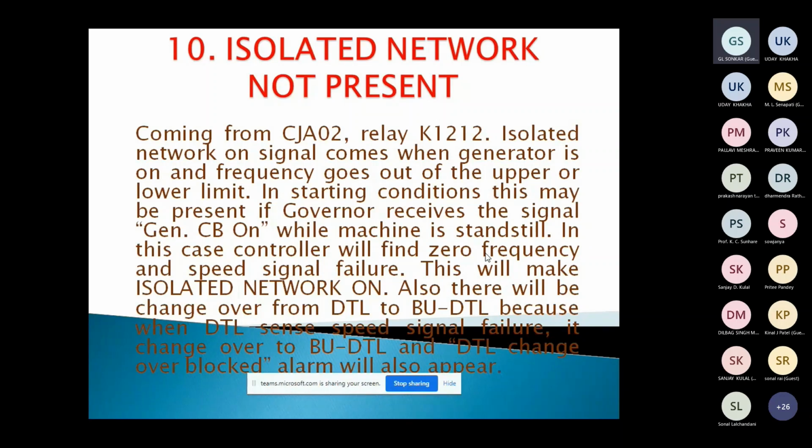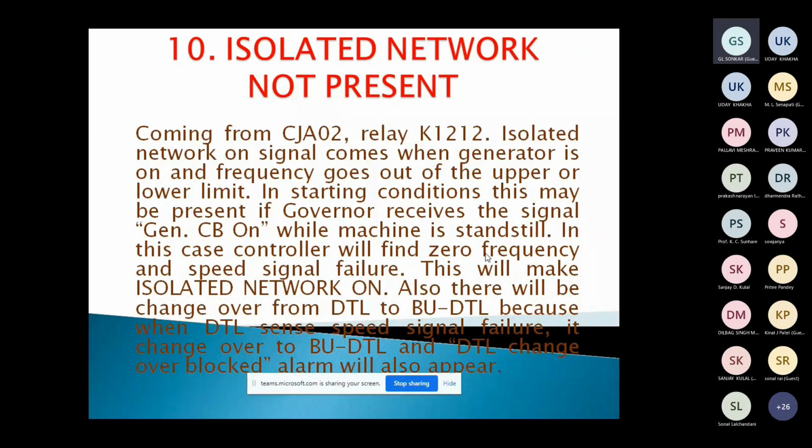When it shows connected, by default it will show 50 Hz frequency, but your generator is standstill. Generator frequency is 0. So that means you are out of track. Physically it is open, but that is a malfunction of the sensors.